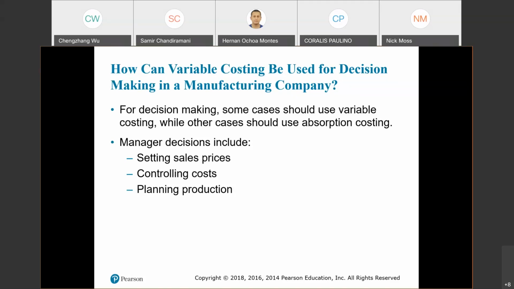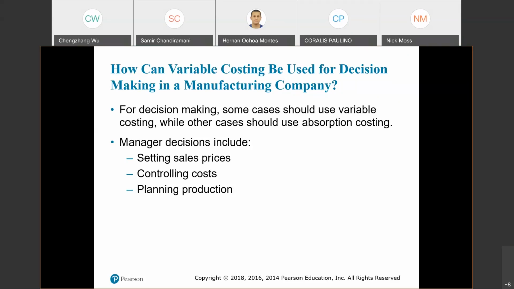So, production supervisors should produce the products with the highest contribution margin per unit, as long as there is demand for the products. Producing and selling the products with the highest contribution margin per unit generates the highest operating income. So, in the short term, variable costing is more appropriate.